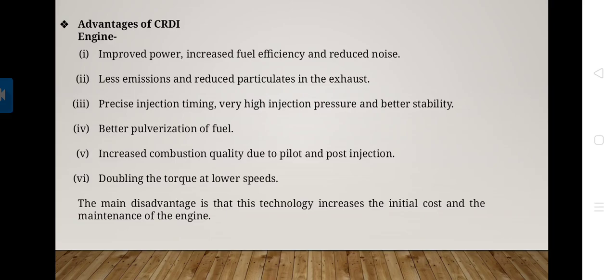Pulverization means crushing the fuel particles into fine powder. It also increases the combustion quality due to the pilot and post injection, and doubles the torque at lower speed. The main disadvantage of this technology is that it increases the initial cost, and the cost of all components and the maintenance of the engine.